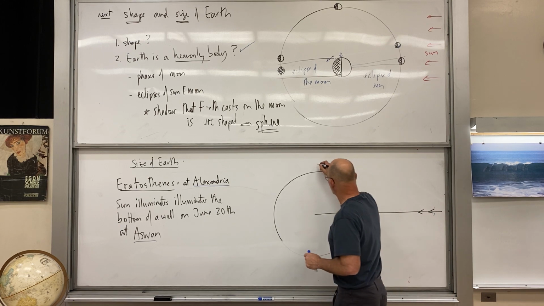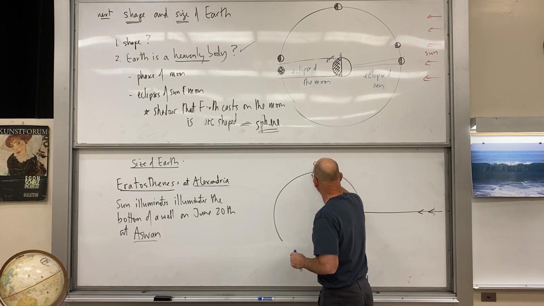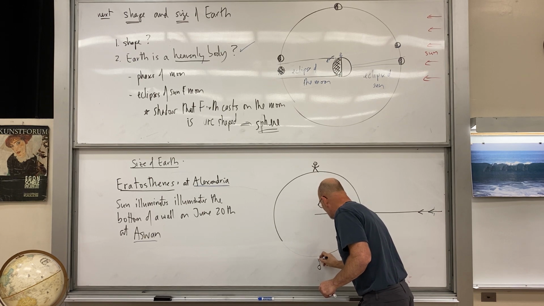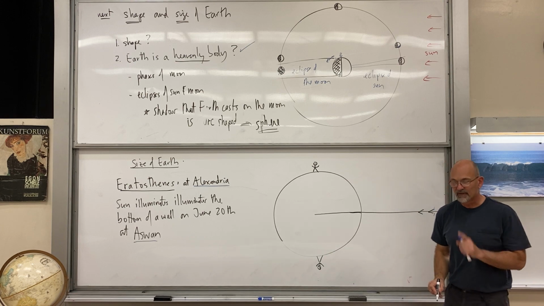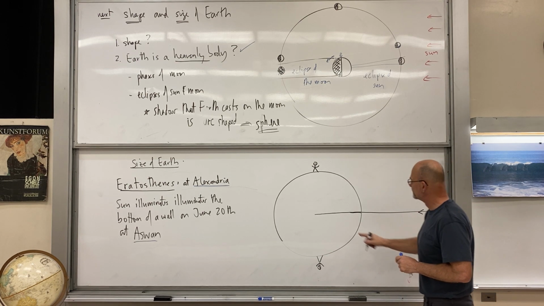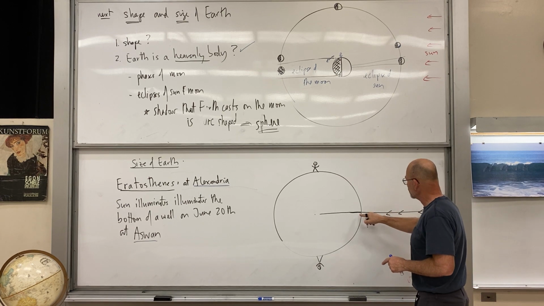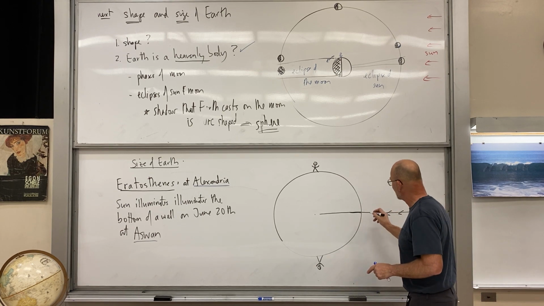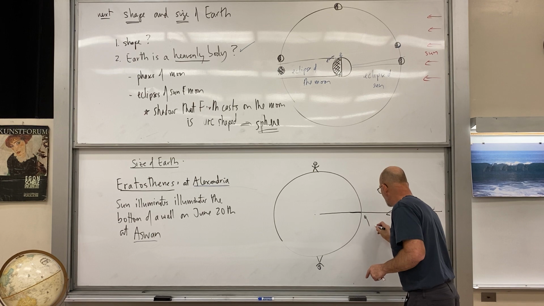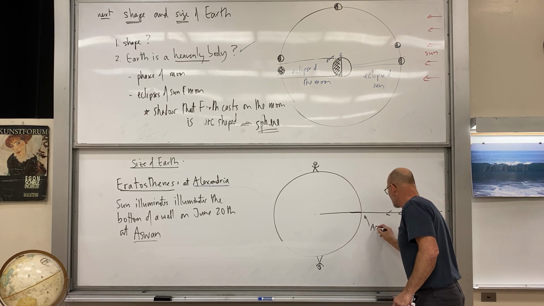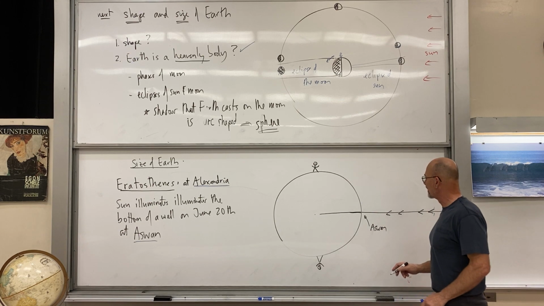So if you're on the north, we're going to say North Pole right here. This is up, right? If you're down here, that's up, okay? That's the first thing to note. So this is the sun ray that illuminates the bottom of the well at Aswan.